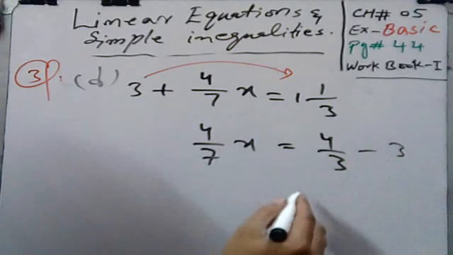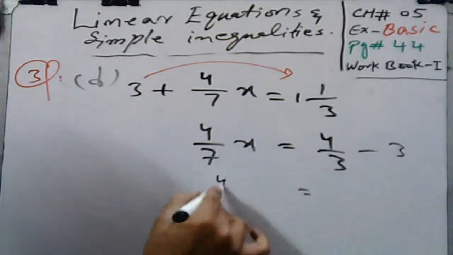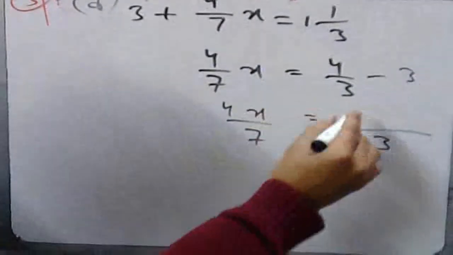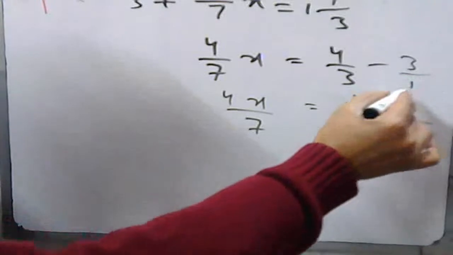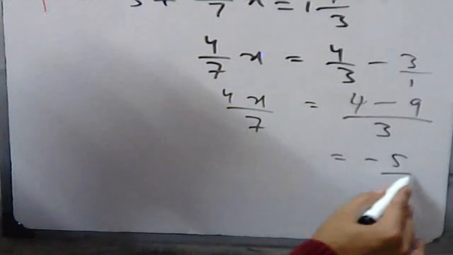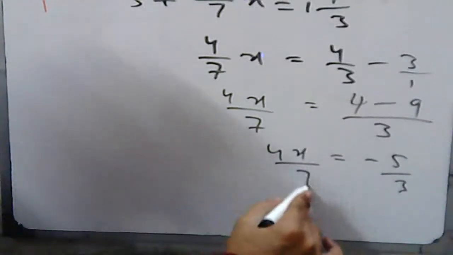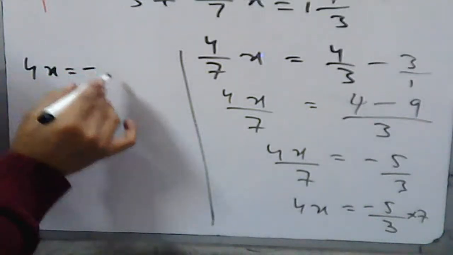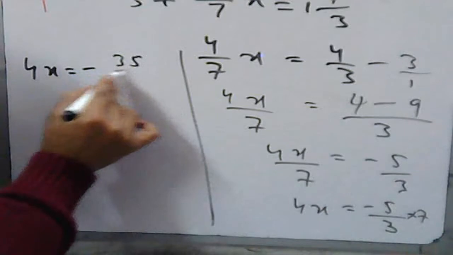So you have to take the LCM, that is 3 is your LCM, 4 minus, here denominator is 1, 3 3s are 9. You will get minus 5 by 3, that is 4x by 7. Using cross multiplication, you will get 4x is equal to minus 5 by 3 multiplied by 7. So you can see here the further steps. Here 4x is equal to minus 7 5s are 35 divided by 3.